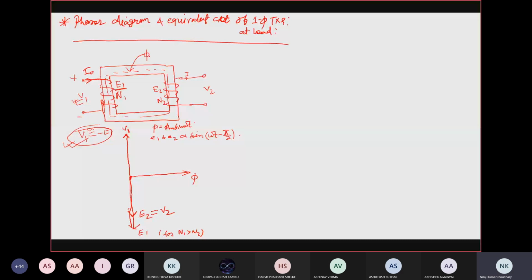Now we have to represent the currents, right? So when we are considering the open circuit condition, then only no load current is flowing, which is equal to I naught. So the function of this entire I naught is to develop the what?